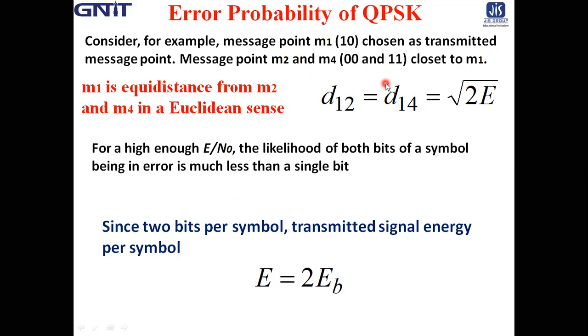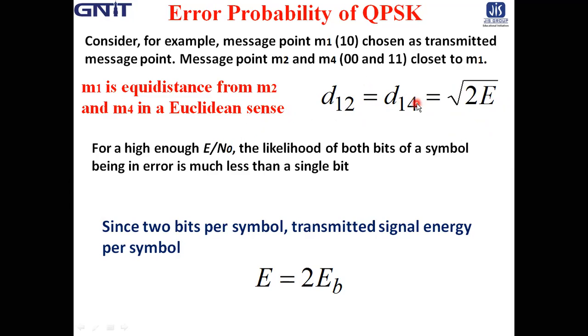So from figure 6.6, we readily find that M1 is equidistant from M2 and M4 in a Euclidean sense, as shown by d12 equal to d14 equal to square root of 2E.